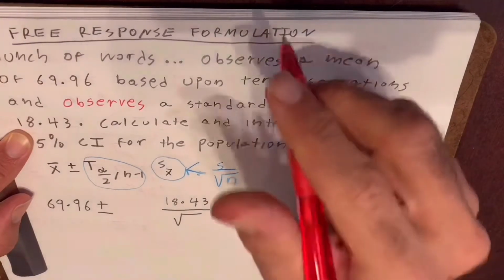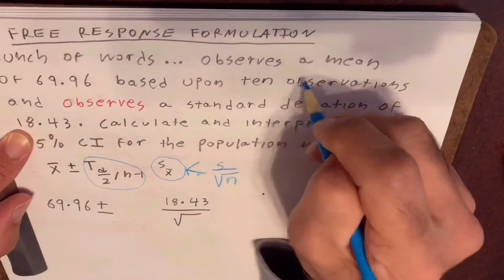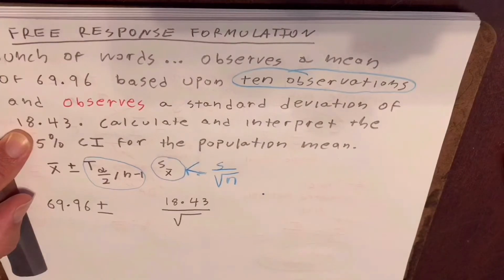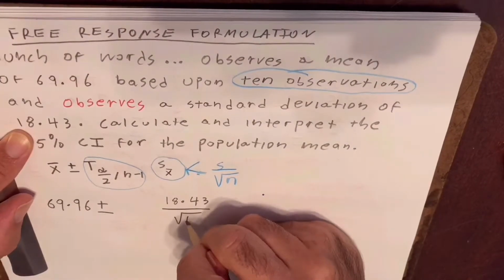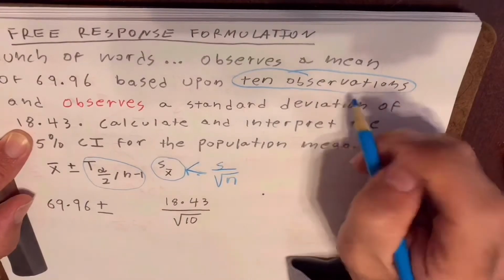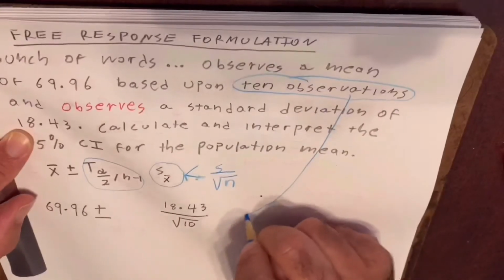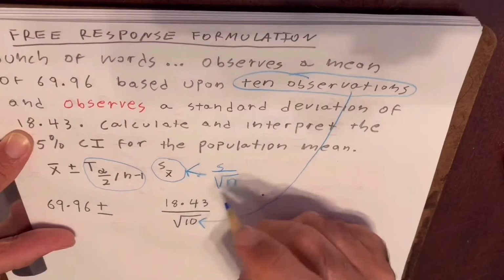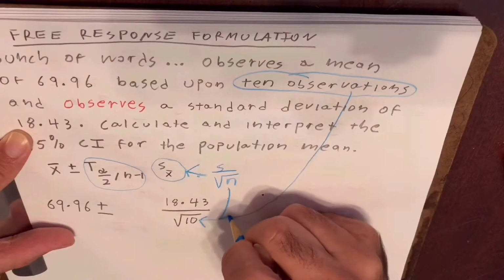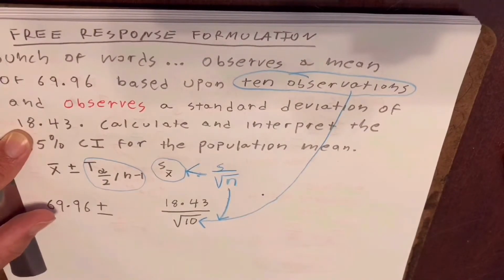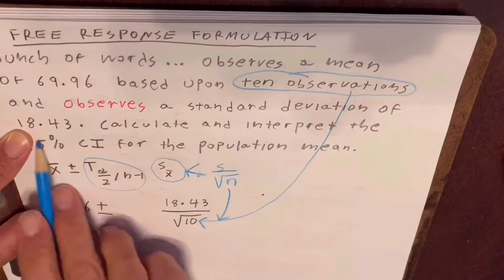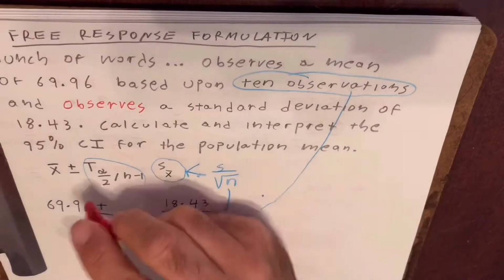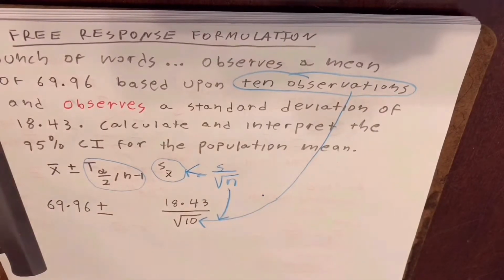And it says right over here, it says 10 observations. So that would be 10. And I'm just going to draw a little arrow so you see where the 10 comes from. And I'm going to draw a little arrow here so you see it from the formula. And here's the 18.43. So the only thing left to find is this percentile or this critical value.